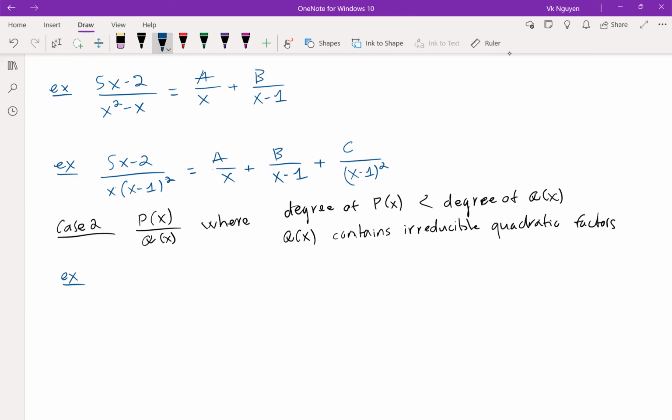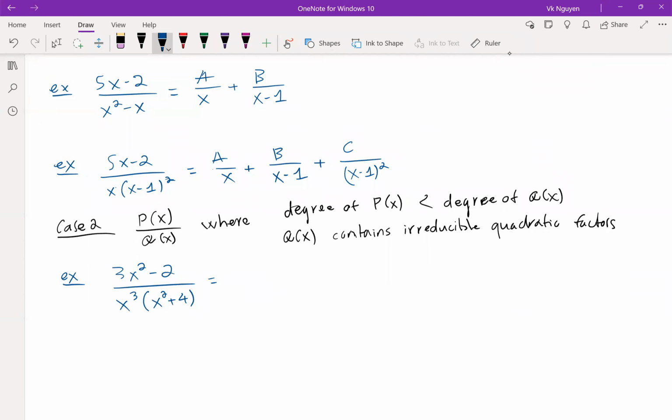We can have something like (3x squared minus 2) over x cubed times (x squared plus 4). X squared plus 4 is an irreducible quadratic factor.